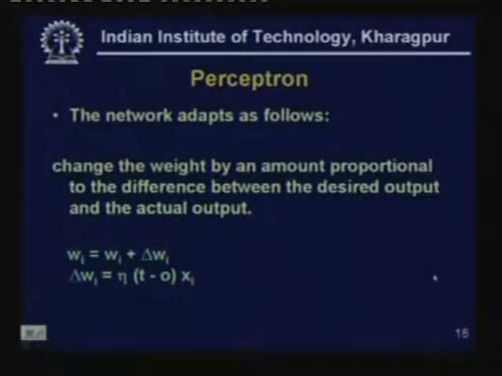So, in a perceptron or in a network of perceptrons, the system works as follows. What happens is that we want to adjust the weights on the perceptron so that the function that we want to represent can be correctly represented.